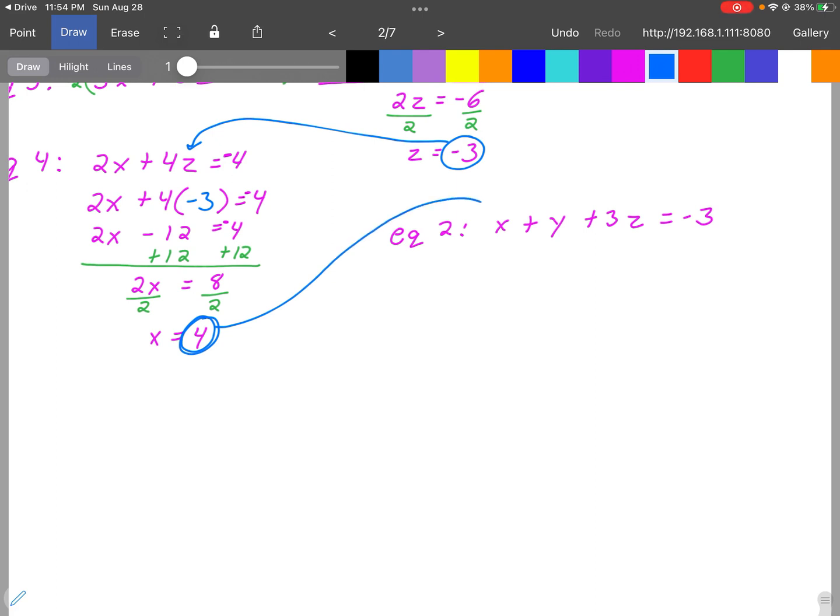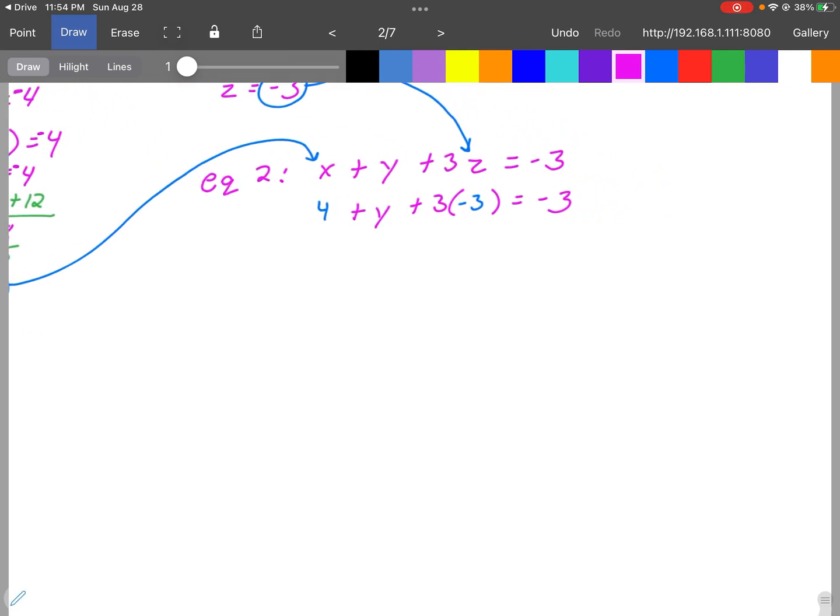So x is 4, so we're going to plug 4 in right there. And then z is negative 3, so we're going to plug that in right there. So we have 4 for x plus y plus 3 times z, which is negative 3. And then that equals negative 3.